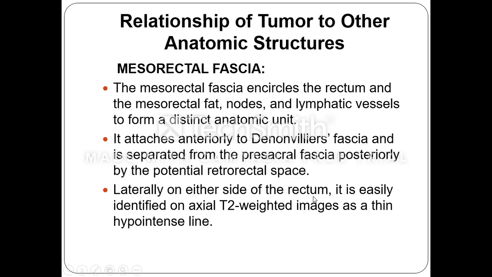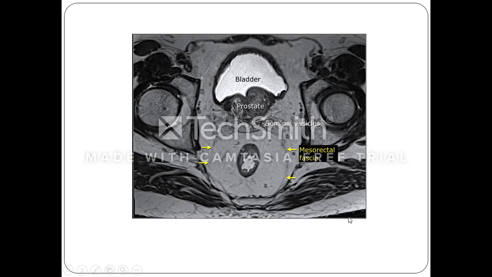Laterally, on either side of the rectum, it is identified as a thin T2 hypointense line. This is the thin T2 hypointense line which denotes the mesorectal fascia. Anteriorly, it is attached to the Denonvilliers fascia at the level of the prostate and seminal vesicles.